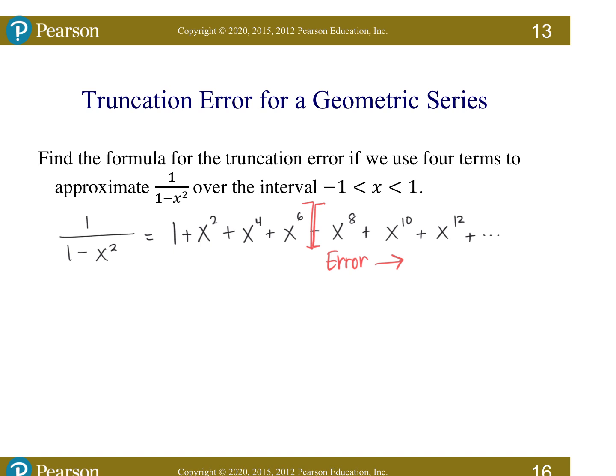So the formula for the error, because this is geometric, is x to the 8th, because that's where I'm starting, over 1 minus x squared. And that's it. That's the formula for the error.